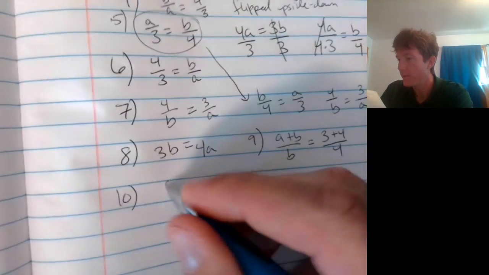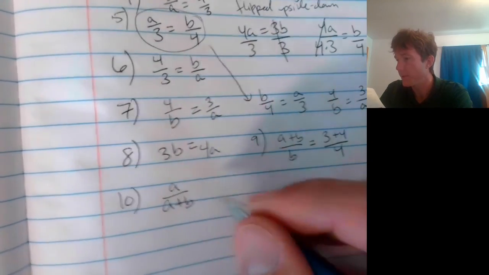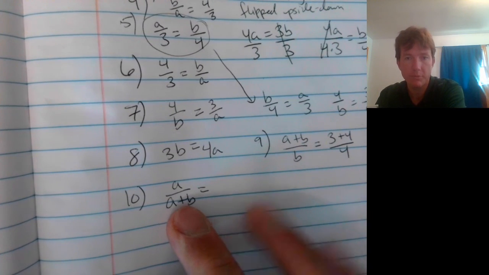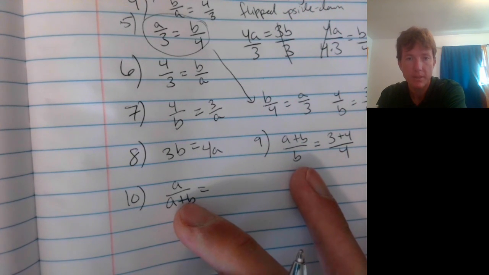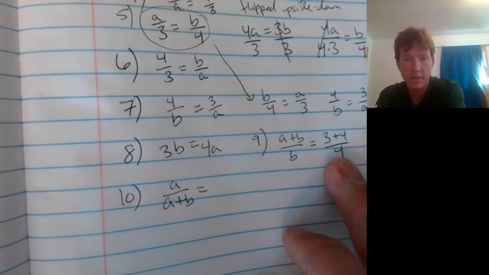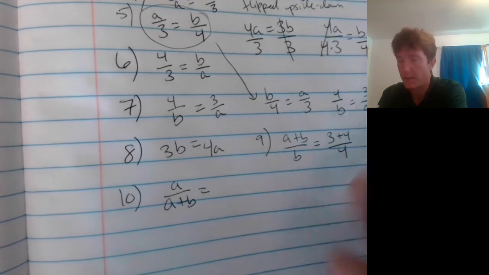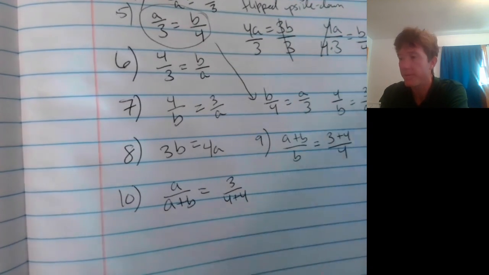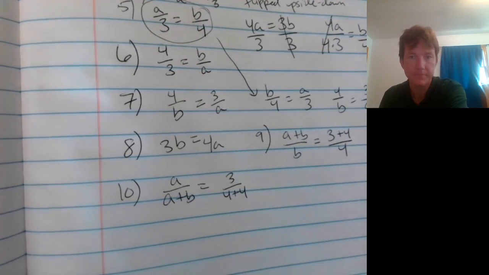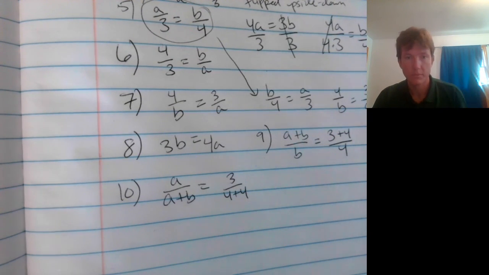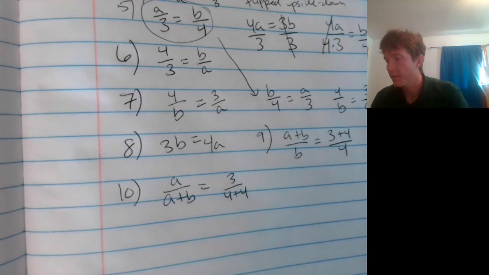Number 10, a over a plus b. So notice now the plus is on the bottom, we're adding b to the base. So if I've added b to the base, then I'm going to add the base to itself. So this would be 3 over 4 plus 4. Well, I apologize about that.